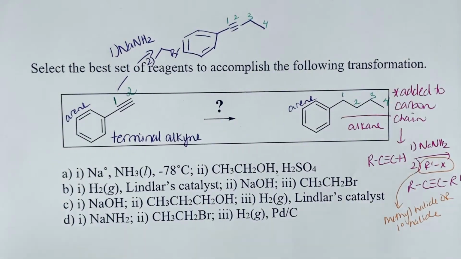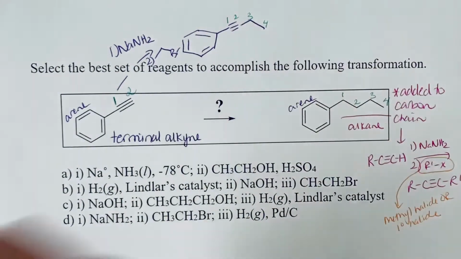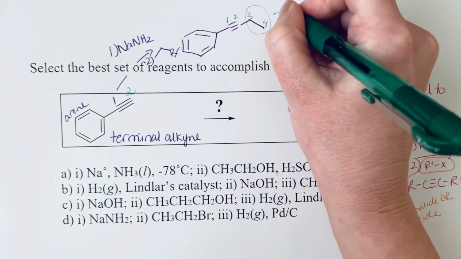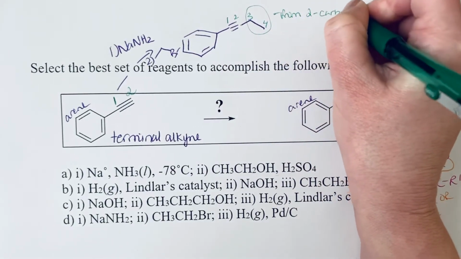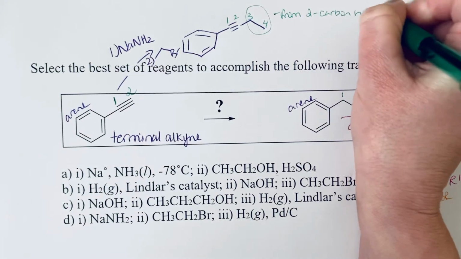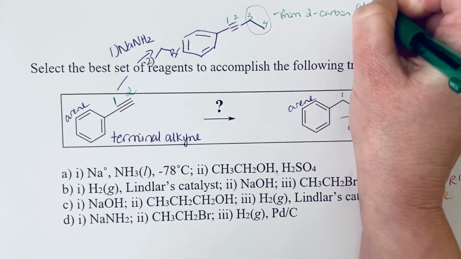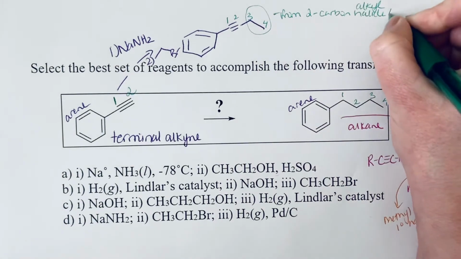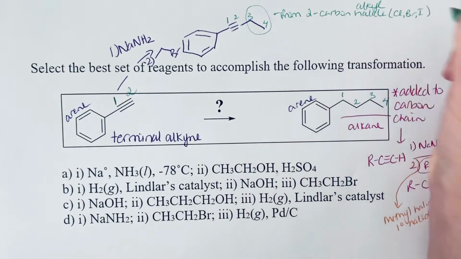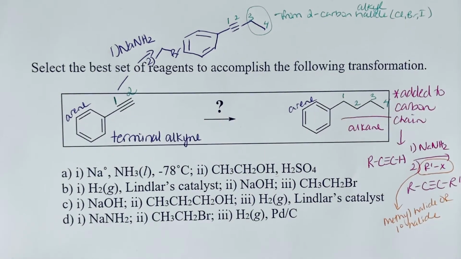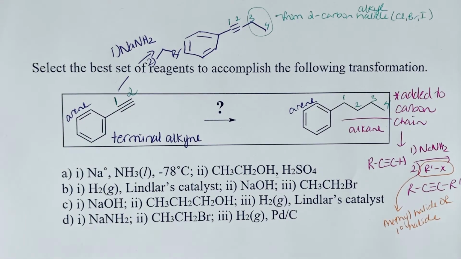So this portion here is going to come from a 2 carbon alkyl halide. In terms of your halogen, that could be chlorine, it could be bromine, or it could be iodine, and you won't be having to make a distinction between those. Only one of those would be an option that would show up.